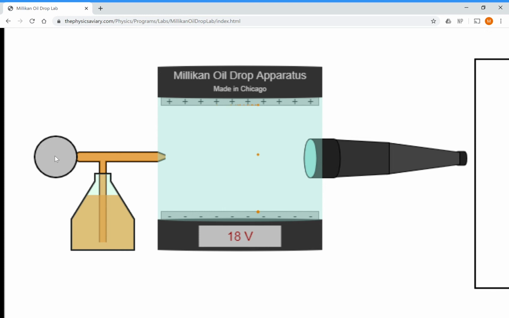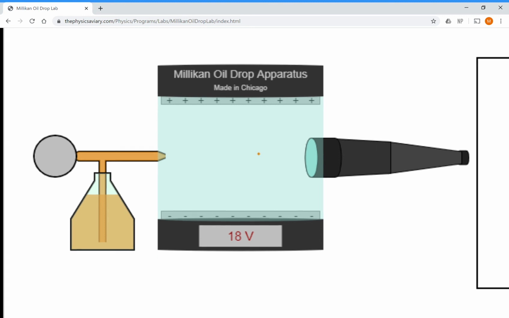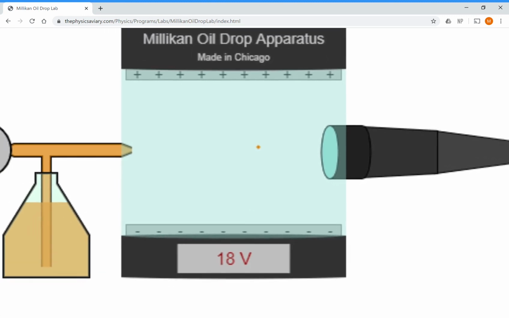Some of them are neutral, let's say, and gravity will pull them to the bottom, okay? But some of the drops, depending on the voltage, you can tweak the voltage of the power supply just with a knob, and at just the right voltage, you can get a drop to hold still for you. So there you can see that drop just holding still.